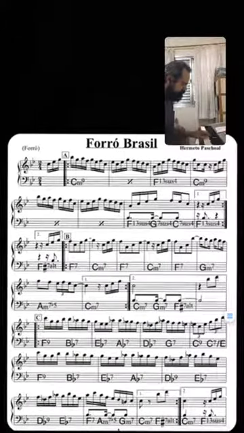Okay, this figure here, and it's important to... and then we can change.